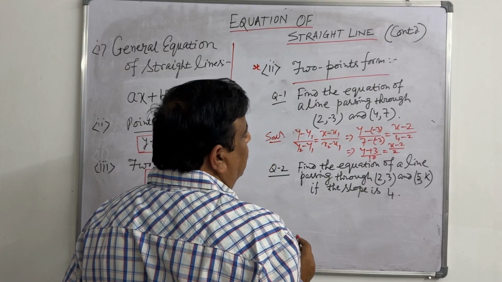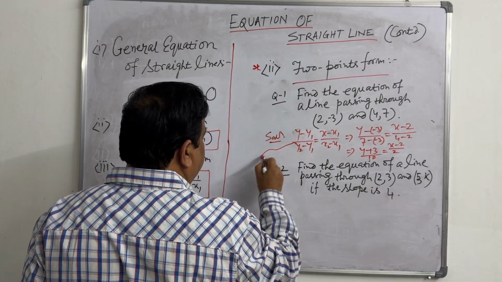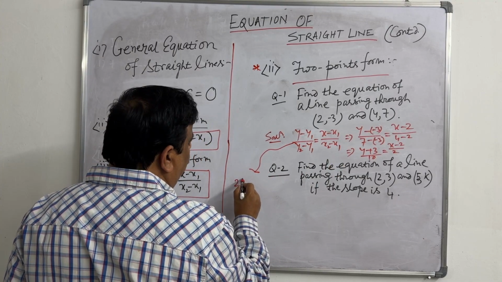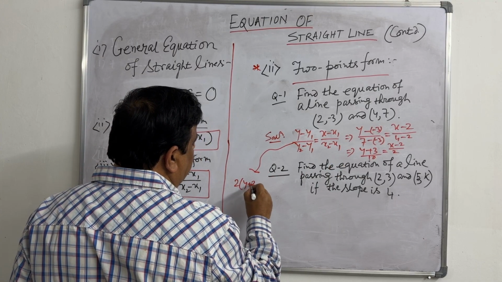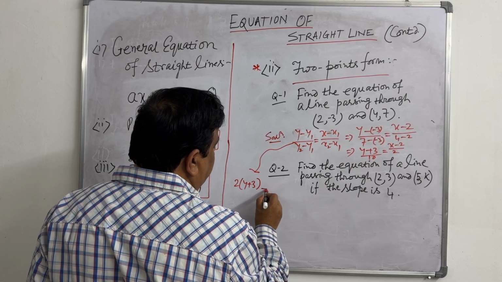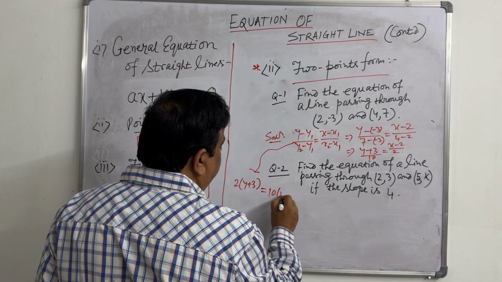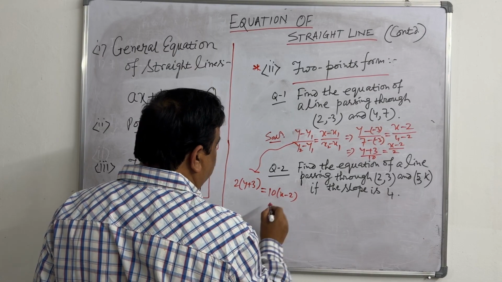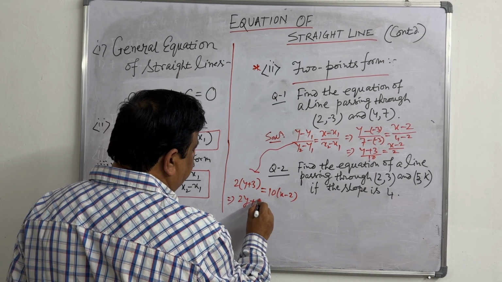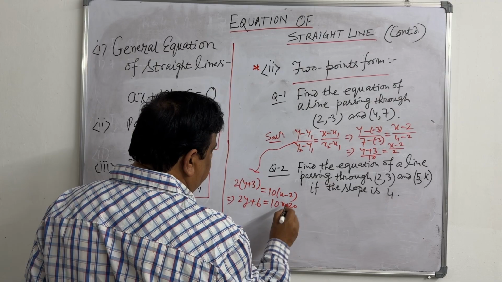Okay. So if you simplify, you are getting 2 into (y plus 3) is equal to 10 into (x minus 2), that is 2y plus 6 is equal to 10x minus 20.